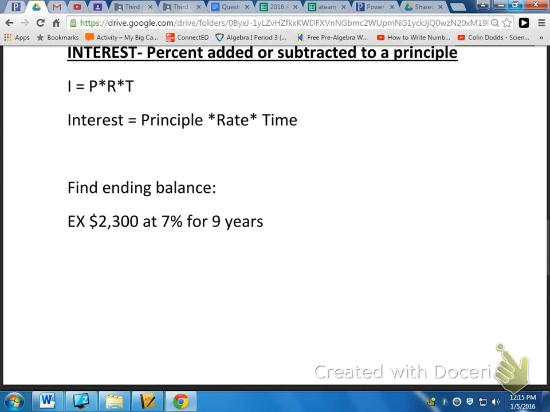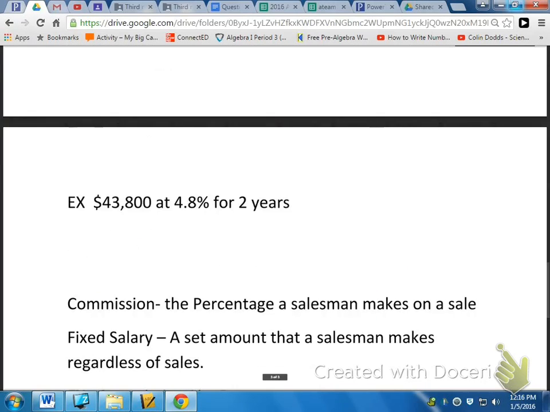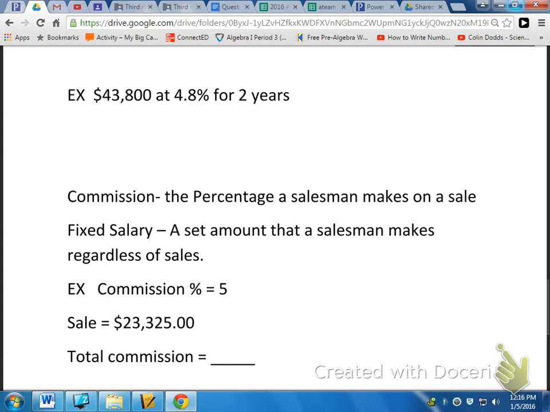That gets you your ending balance. All right, we've got one more. $43,800. You're borrowing at 4.8% interest for 2 years. So I'm going to use I equals P times R times T. I'm going to put 43,800 in for the principal.